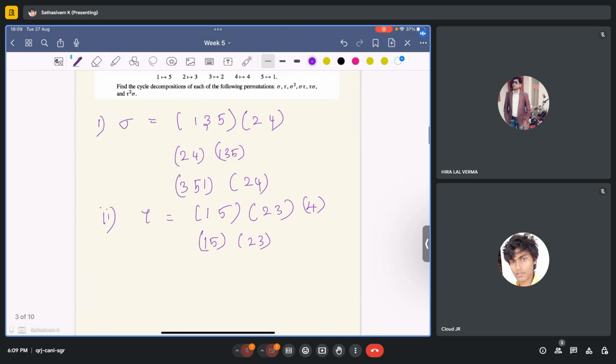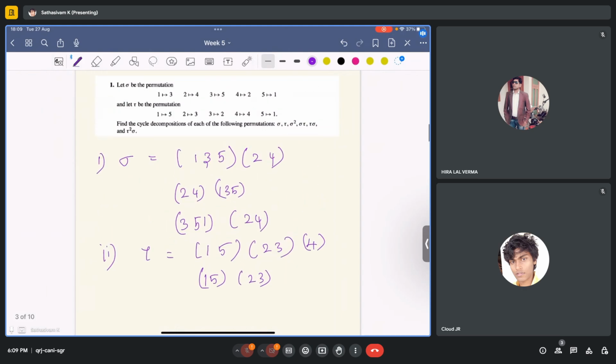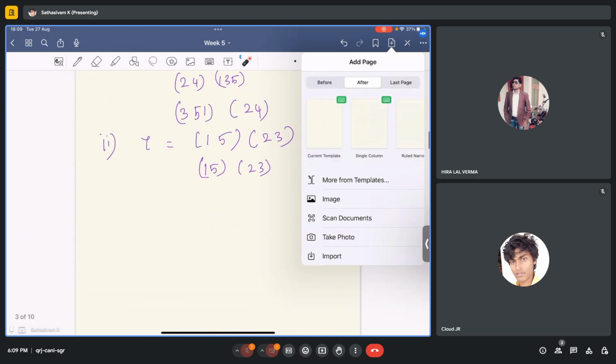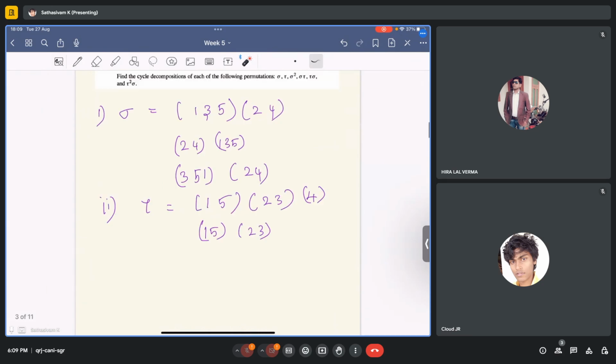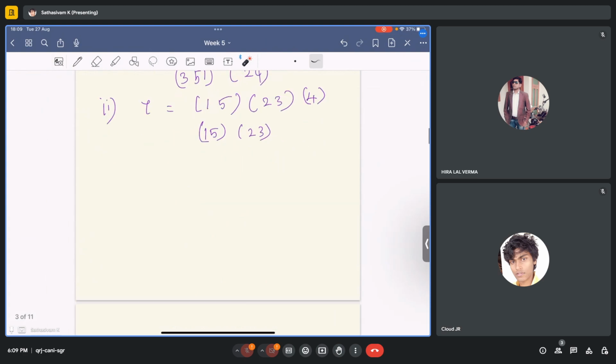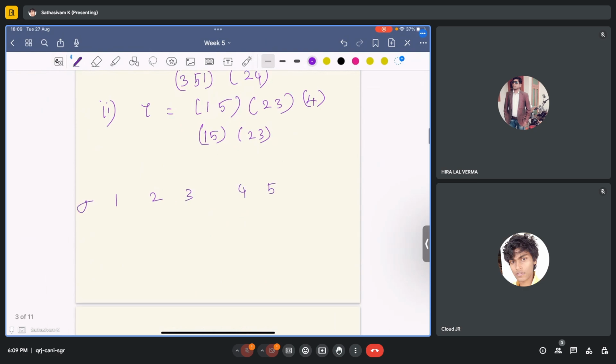Now let's compute sigma squared. What you can do is take the sigma here and compute. Maybe I will write it in both ways. You can do whichever way you want. So this is the sigma, right? 1, 2, 3, 4, 5.